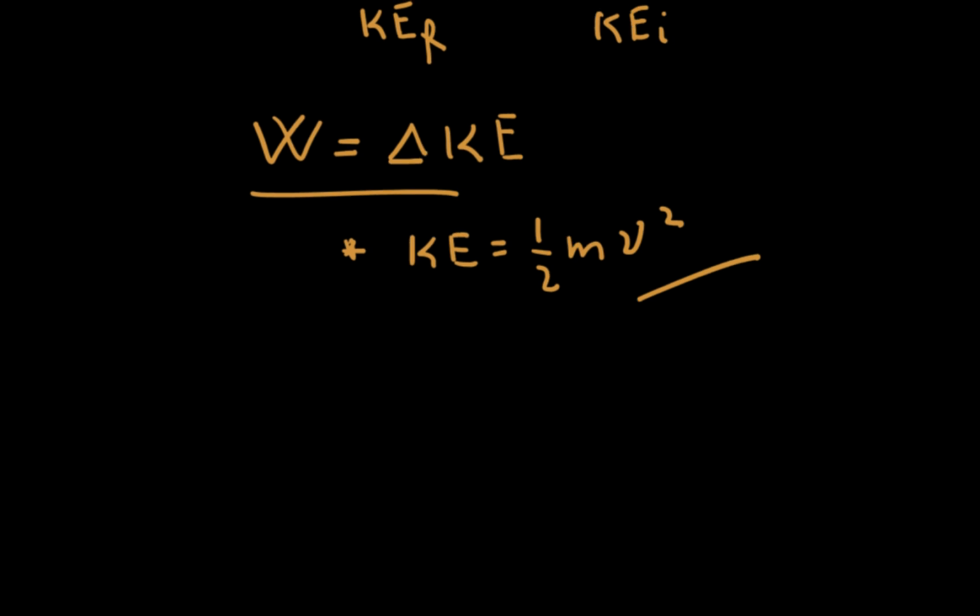The one thing I do like to remind students about the differences between momentum and kinetic energy is that momentum, first of all, is a vector. So momentum is a vector quantity. It has the information of the direction encoded in it. And if you look at the units, this is kilograms meters per second.